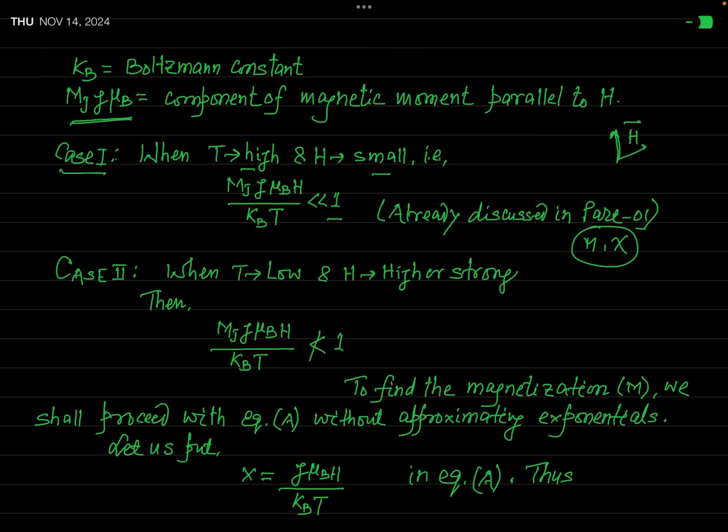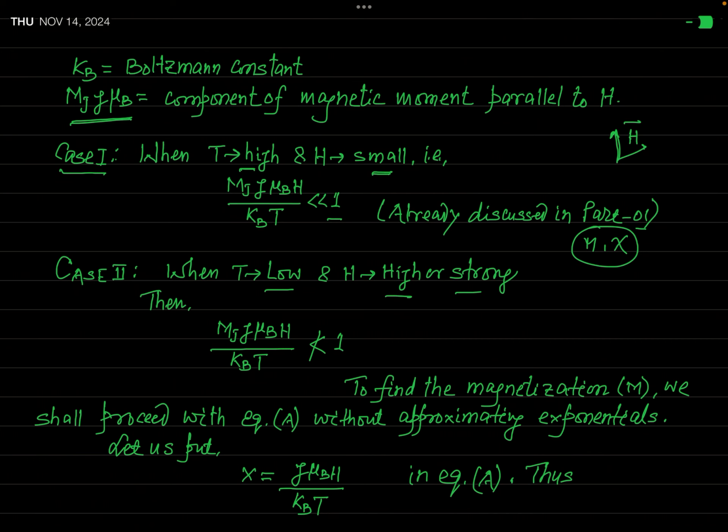Now in today's lecture we are going to see the just reverse situation. In the first part we considered temperature high and field small. Now we are considering temperature low but field high, that is, the field is very strong.